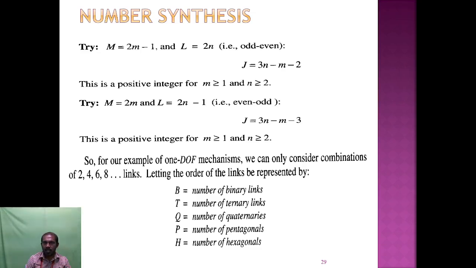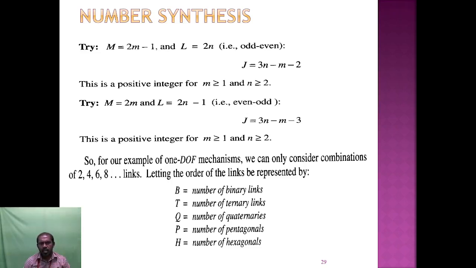This is a positive integer for m greater than or equal to 1 and n greater than or equal to 2. And here even and odd: J is equal to 3n minus m minus 2, which is a possible integer for m greater than 1 and n greater than 2, the same as odd and even.